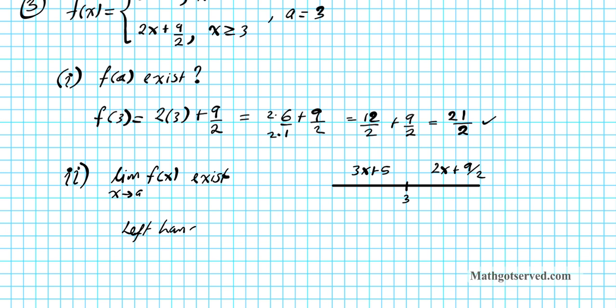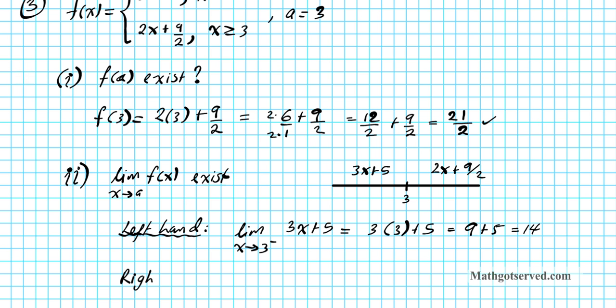For the left-handed limit, we're going to compute the limit as x approaches 3 from the left of the function in place, 3x plus 5. And that equals 3 times 3 plus 5. And you have 9 plus 5, which is 14. Okay, now the right hand limit.